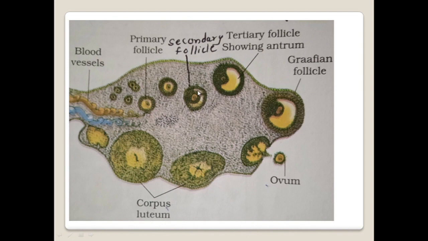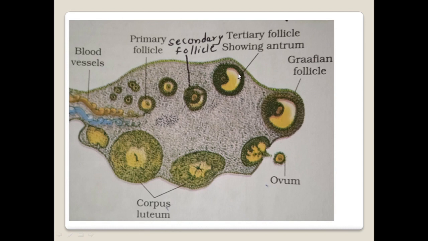Then here we can see the secondary follicle with more layers of cells. Then it develops a central cavity called the antrum and gets transformed to tertiary follicle. Tertiary follicle changes to Graafian follicle. Graafian follicle is the mature follicle.